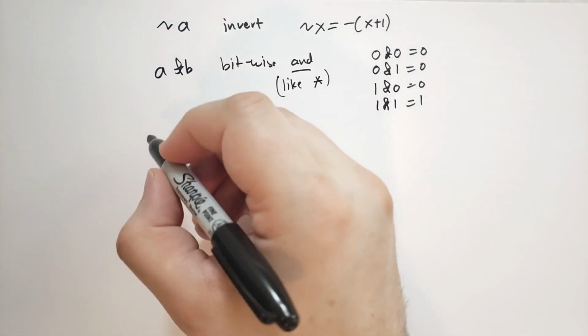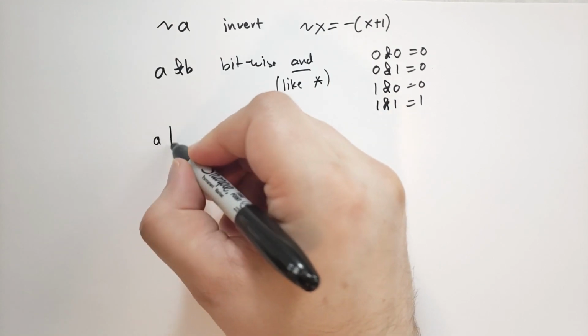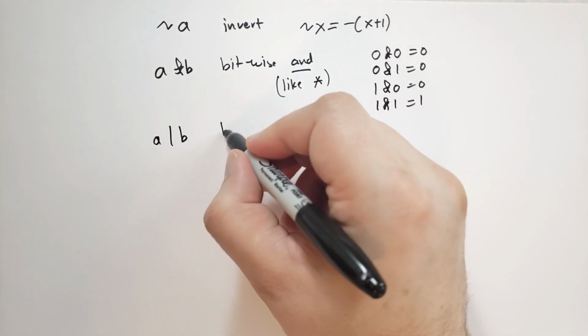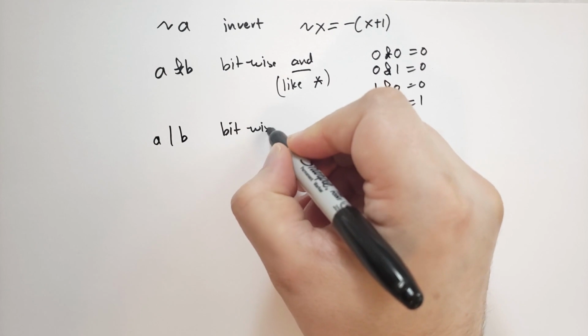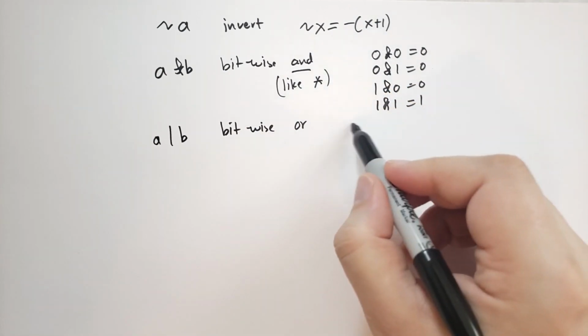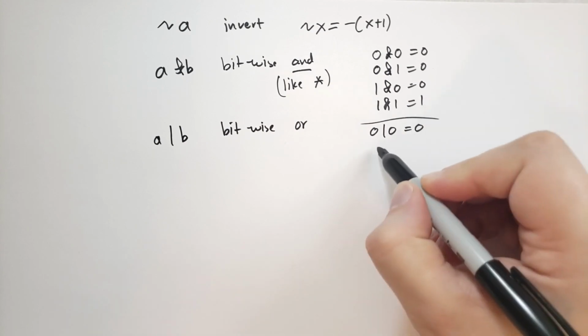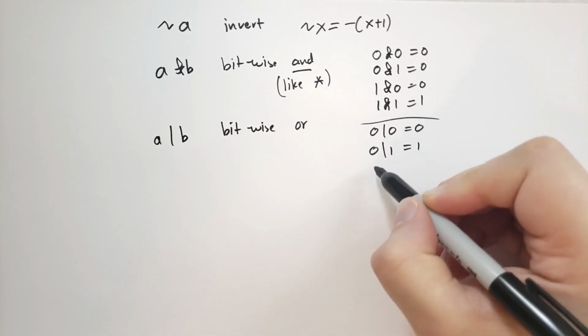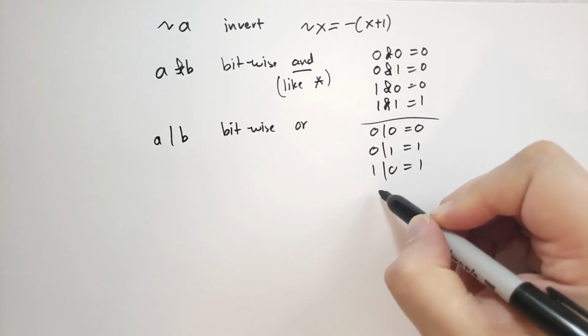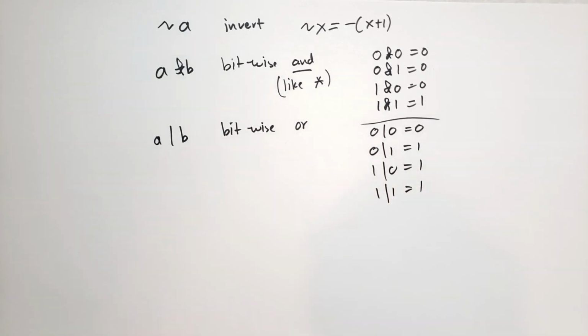Then you have A pipe B, which is bitwise OR. What OR means is if any of the bits are set, then it's going to be true. So 0 or 1 is 1, 1 or 0 is 1, and 1 or 1 is equal to 1 as well.